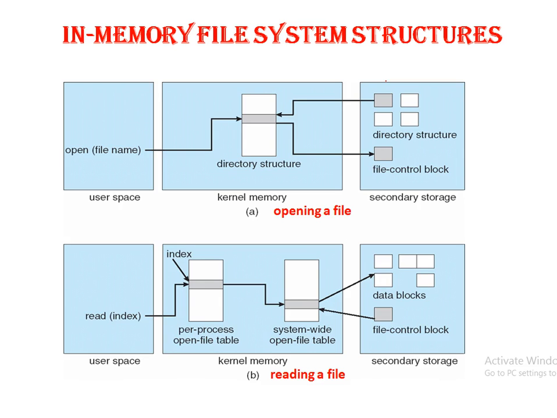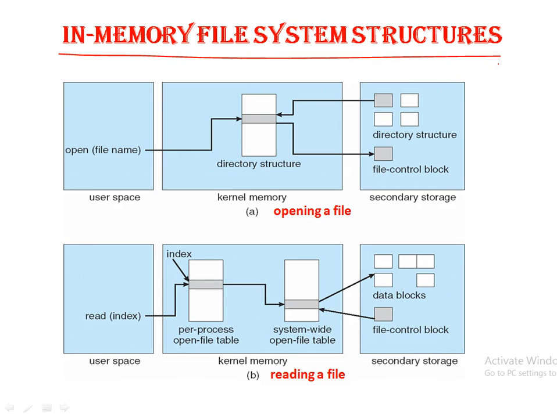Now, whenever I want to access a particular file, how do I access it? Here, it tells us about in-memory file system structures. What are these in-memory file system structures?